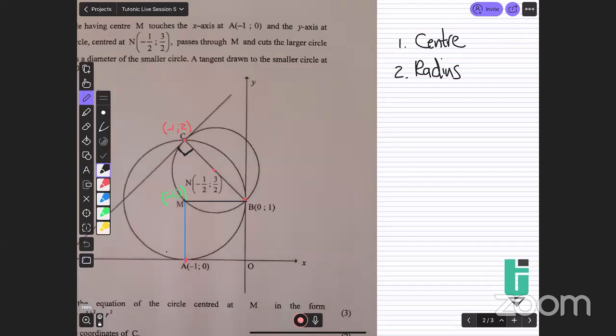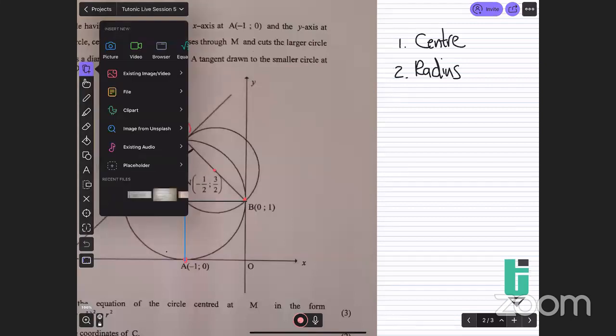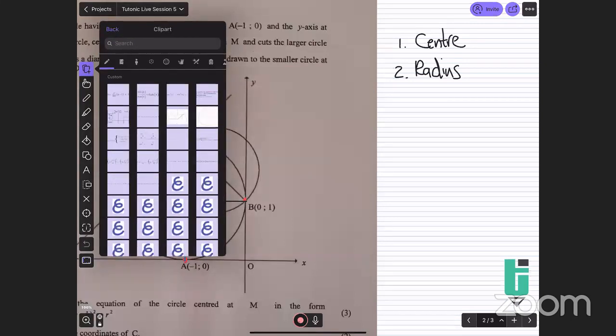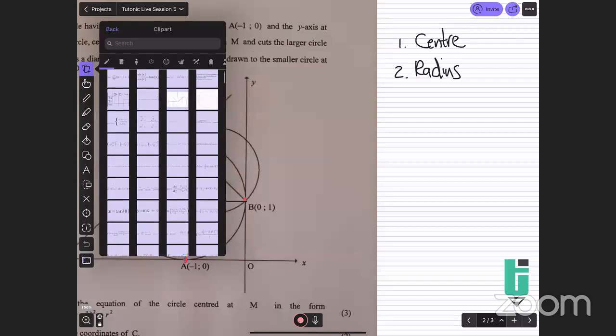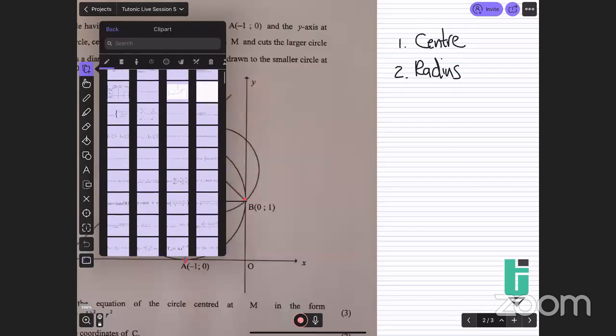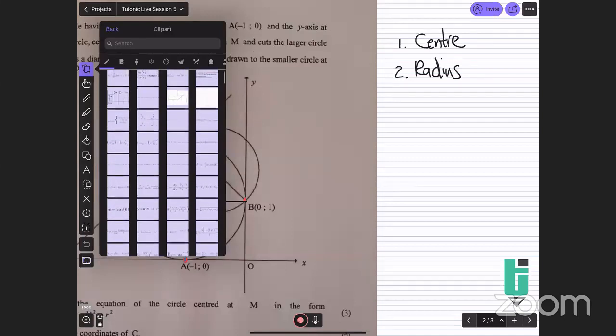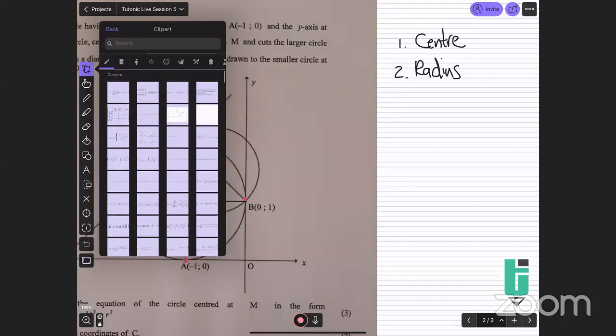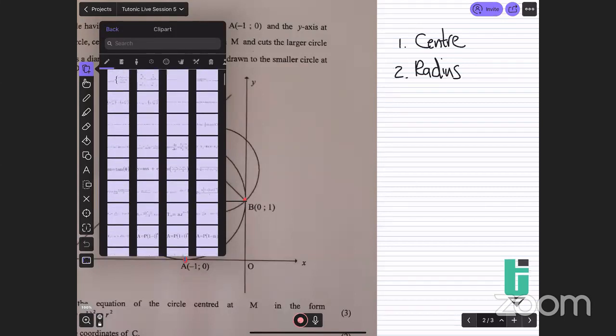x minus a squared plus y minus b squared is equal to the radius squared. And what's a and b? a and b are the coordinates of the center. Right, and what's the center?